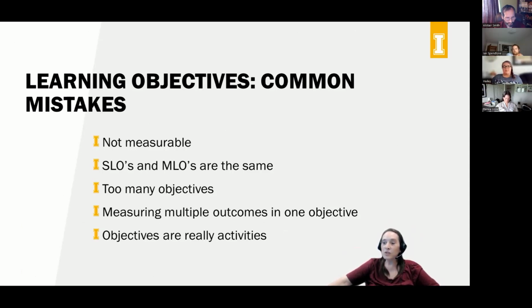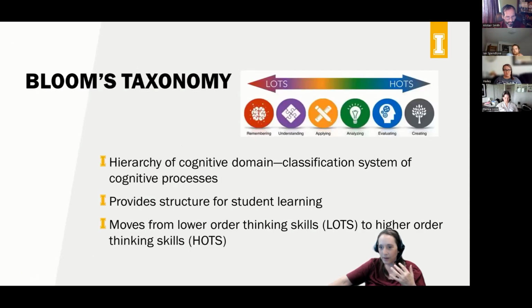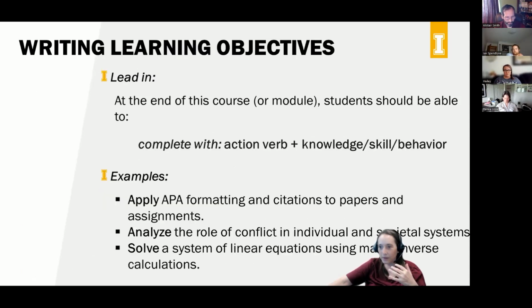Also, measuring multiple outcomes in one objective. And you'll see this if you've got, let me go back and get a good example. What about this one here? You don't want to make it multiple.